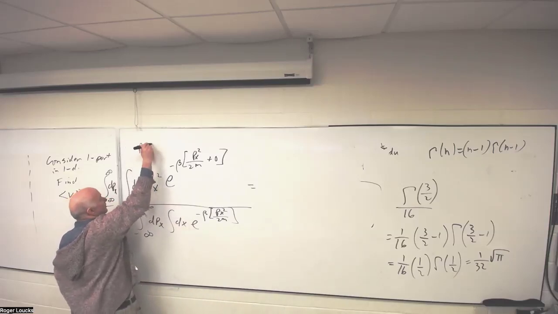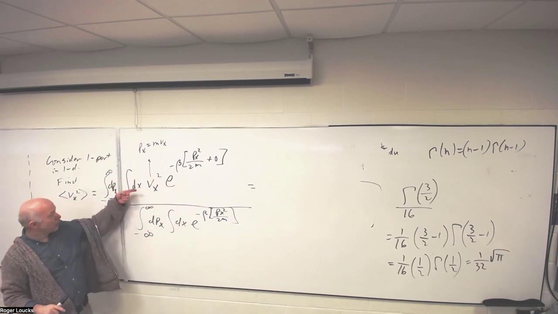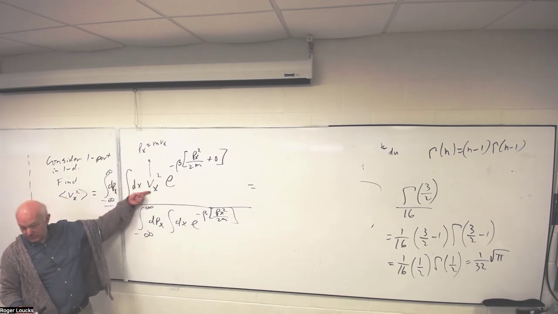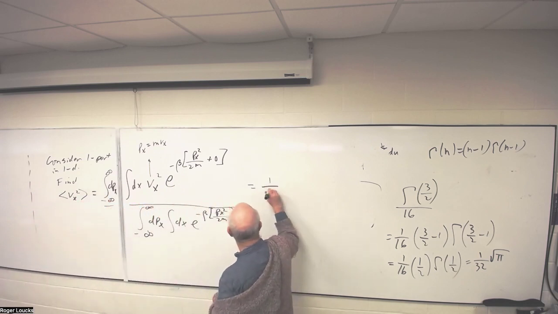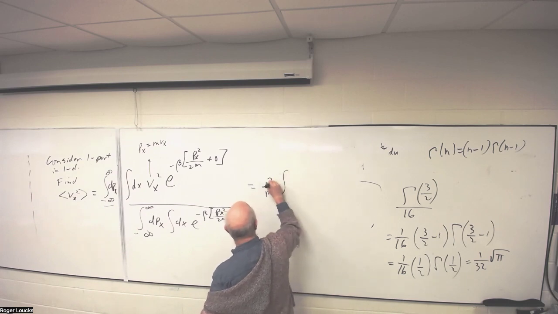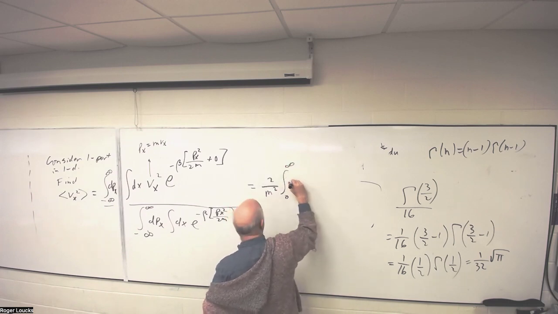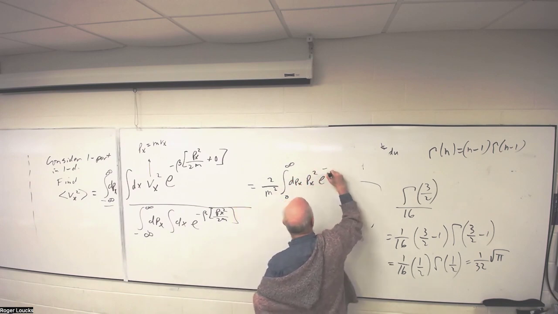So px is going to be your m times vx, right? So I can multiply top and bottom here by m squared and I can put a p into it instead. So what I'll do is pull out the 1 over m squared. And then I have an integral of 2 in here from 0 to infinity of dpx px squared e to the minus beta px squared over 2m.